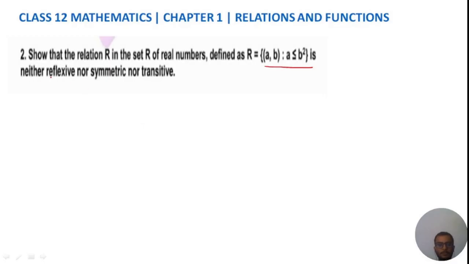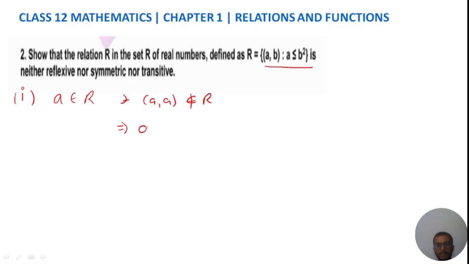Okay, so first of all let's show that it is not reflexive. For that we need to find one element a from R such that (a, a) is not in R. But what does this mean?